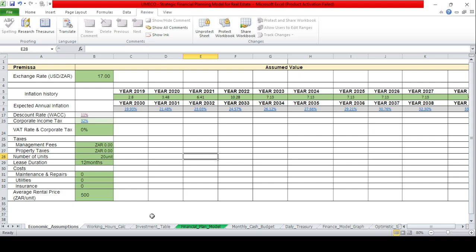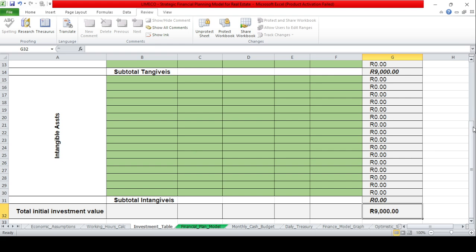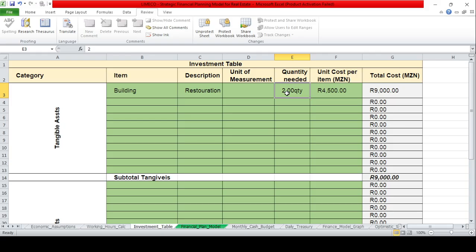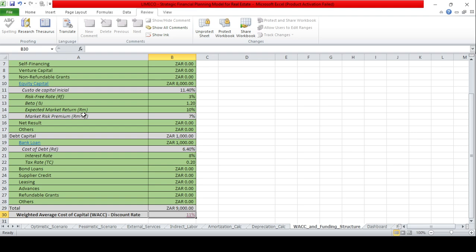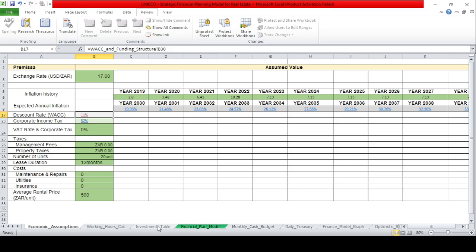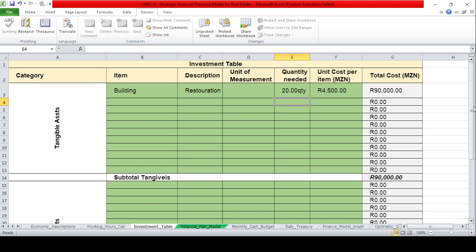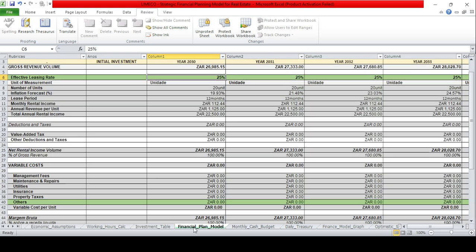If we put 20 units, here 20 units is 90,000 rands. So let's put 90,000. Okay, now 90,000 rands matches this 90,000 rands.